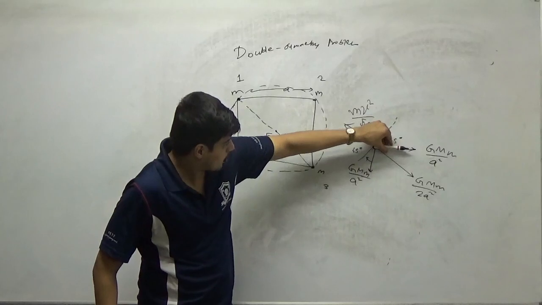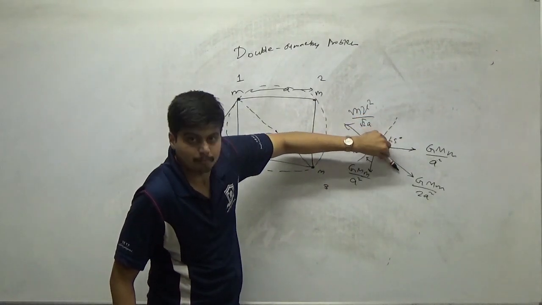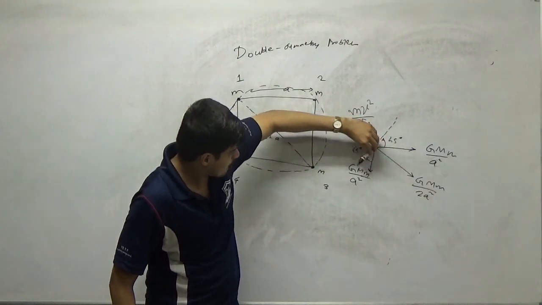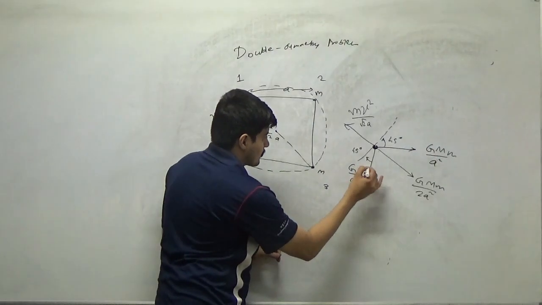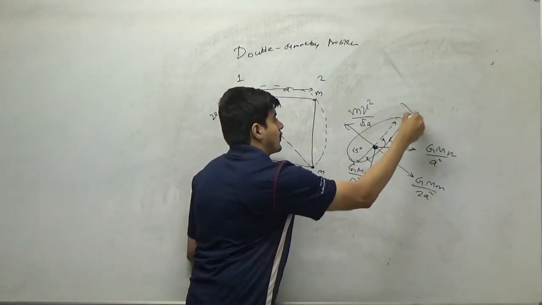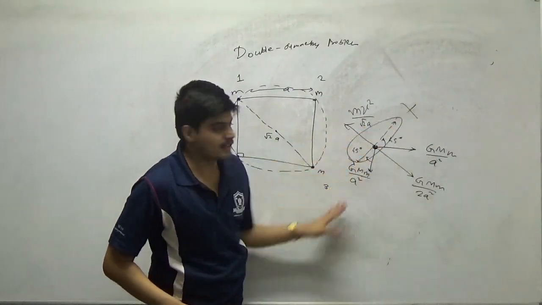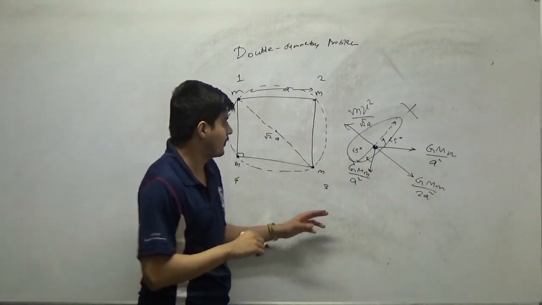Now, please take close attention, right? This force has resulted in this component and this component. Same way, this force is resolved into this component and this component. But the resolution of this force in this direction and this direction will cancel each other, right? So there is no force in the tangential direction. That's the most important point, since the masses are expected to move in a circular orbit, right?